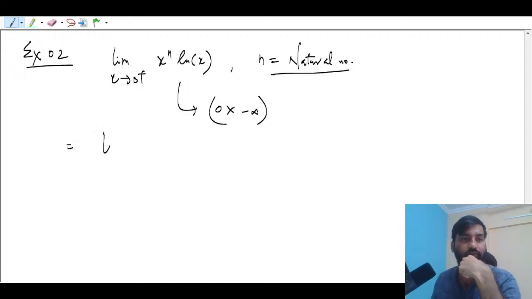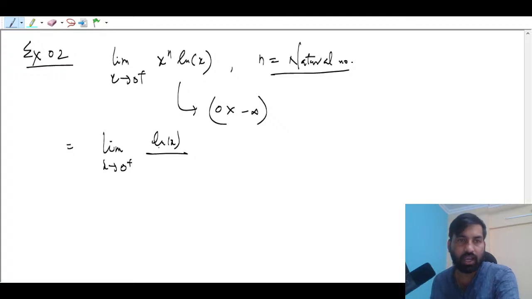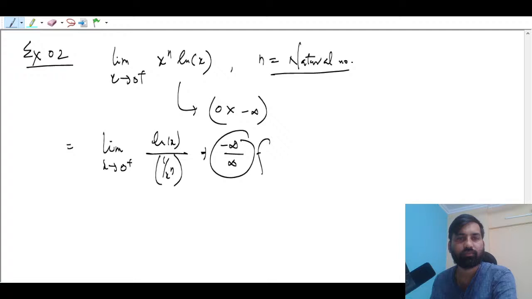Limit x tending to 0 plus, keep ln x up, that is infinity only at 0 plus, and this is going to be 1 by x to the power n. So it is minus infinity by infinity form, or infinity by infinity form, both are okay.